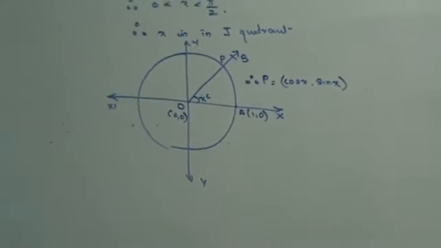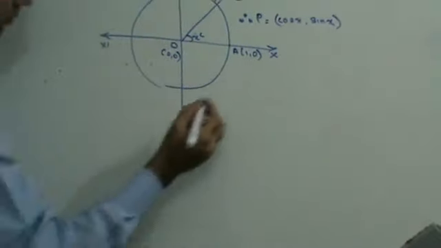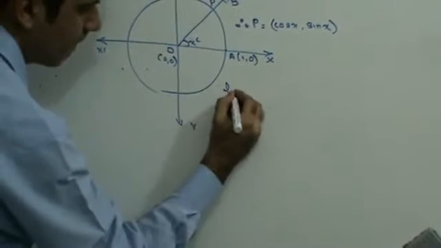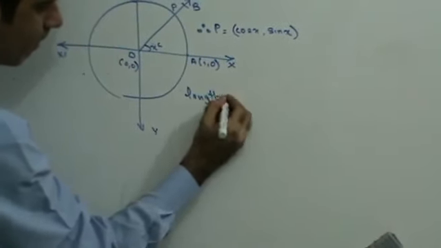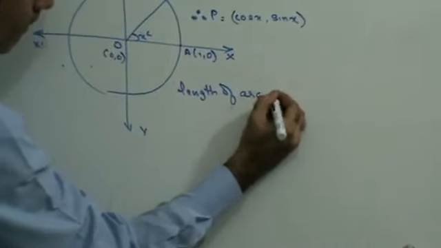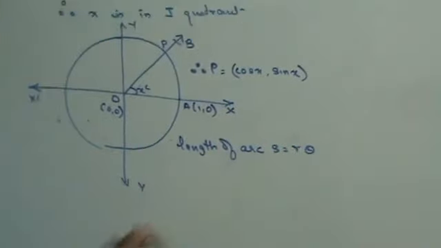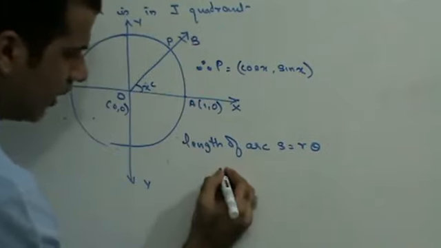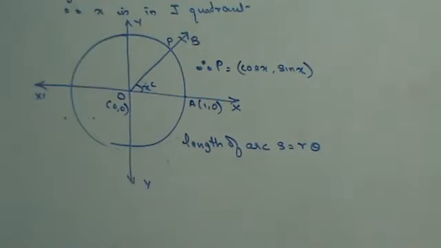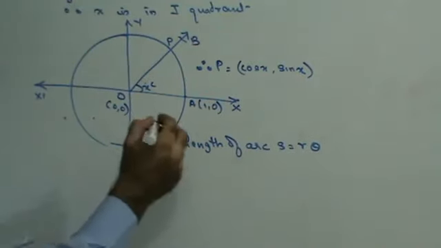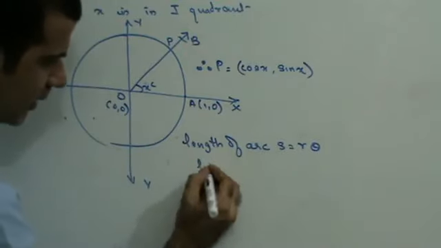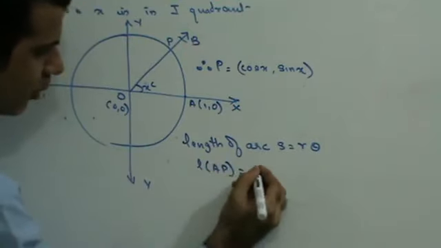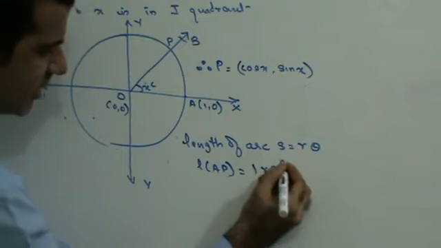Right? Now, length of the arc S is equal to r theta. R is 1. So, length of the arc, that is length AP, is going to be r is 1 and theta is x radians.